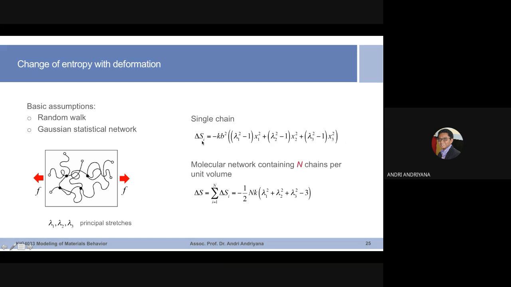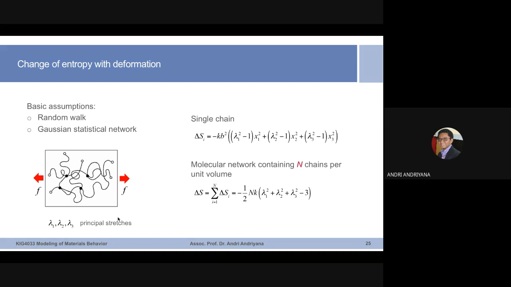So delta S_i, for a single chain, is minus k_B over 2, and then you have terms here, and here is that lambda. What I would like to draw your attention to is lambda 1, lambda 2, and lambda 3. These are the 3 principal stretches. What does it mean?